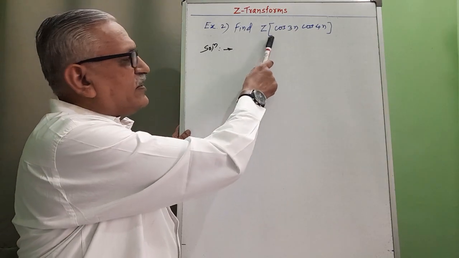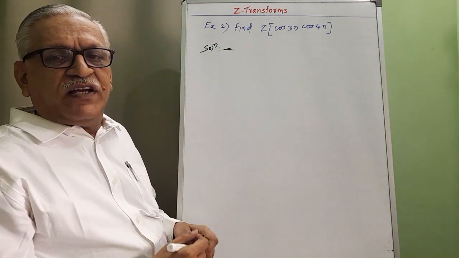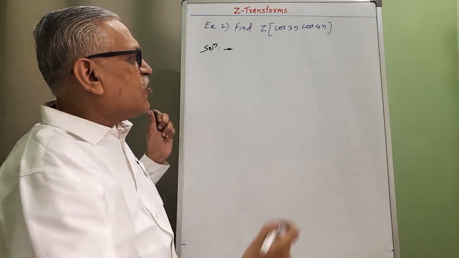Second example: find the Z transform of cos 3n multiplied by cos 4n. Here it is a product of two cos terms.